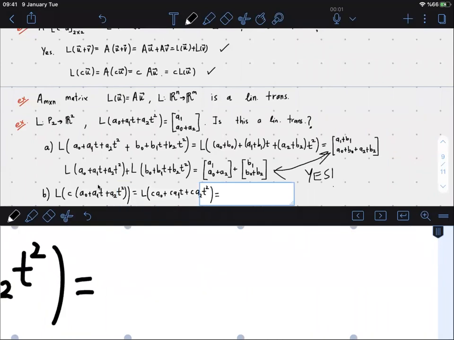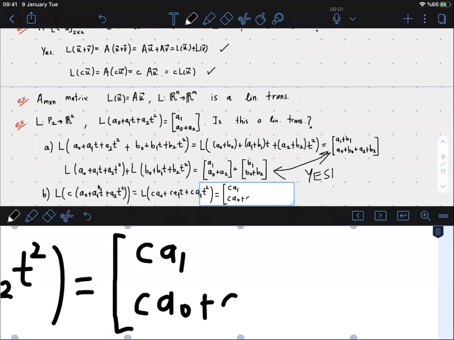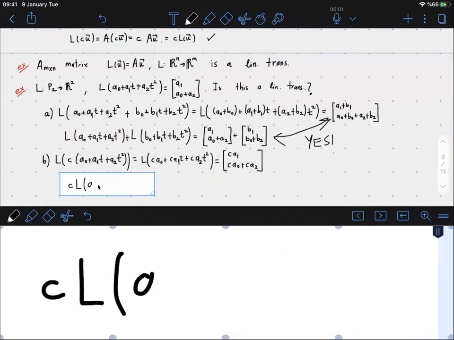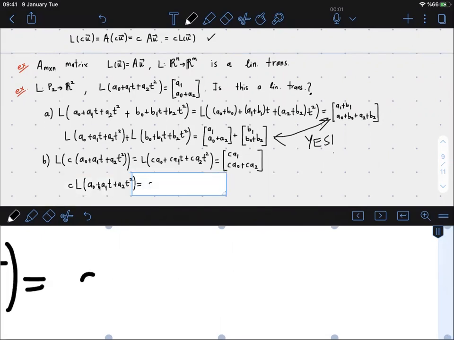And according to the definition of this mapping, it will be CA1, CA0 plus CA2. Now, what is the question? Question is whether this is equal to C times L of the same polynomial. What is this? C times A1, A0 plus A2.